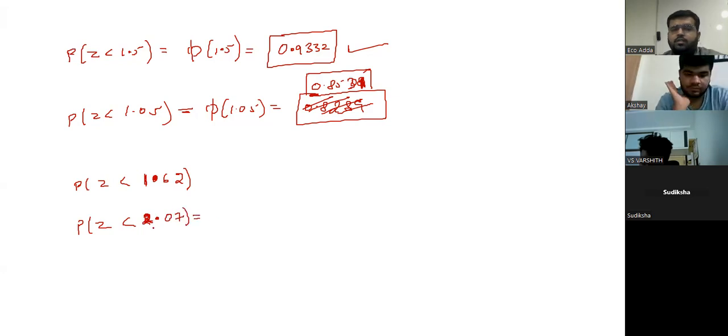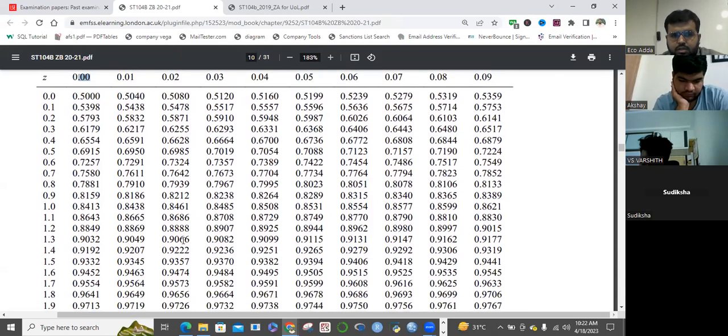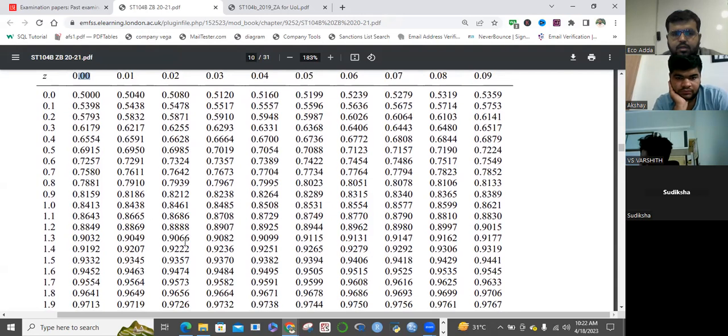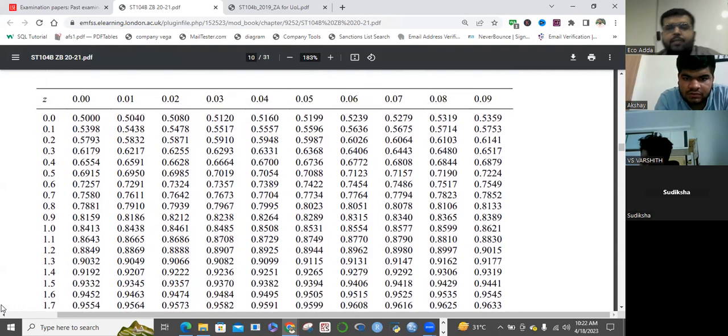Can I see the table, please? 2.07. Just a second. One more row. Can you see this? Yes, sir. 1, 2, 3, 2.07. So 0.9808. Correct. Absolutely.